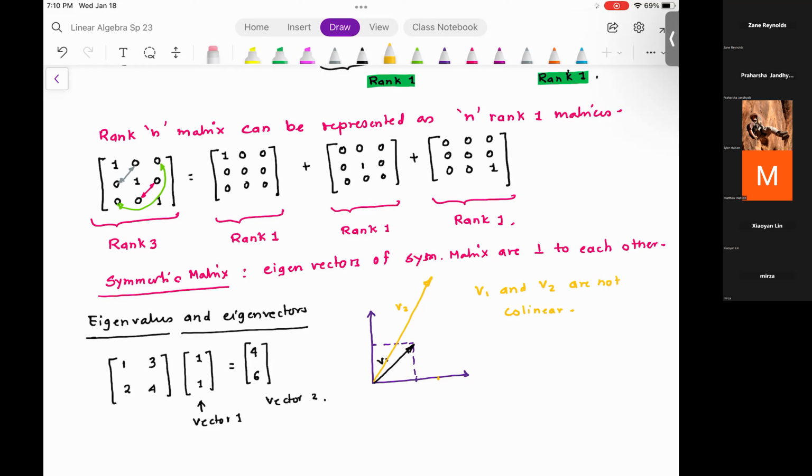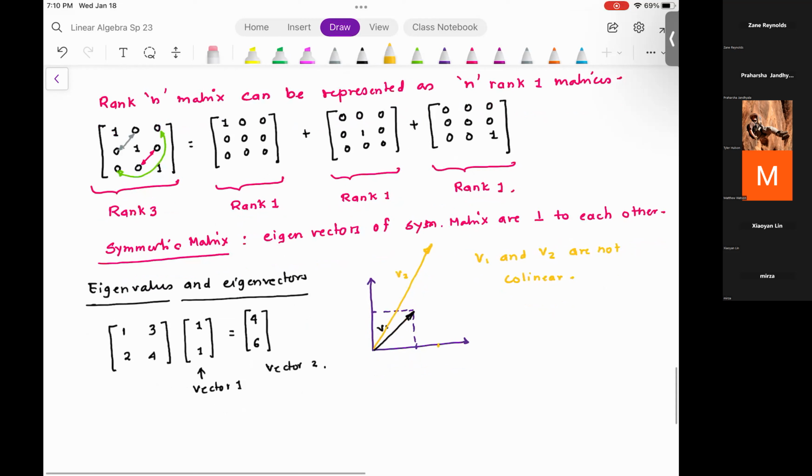But there is a specific vector that, if you multiply by this matrix, will give you another vector that lies on the same line as the previous vector.